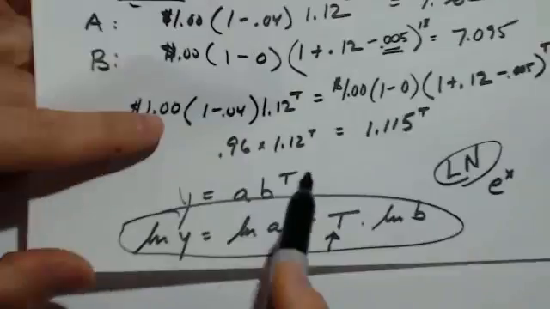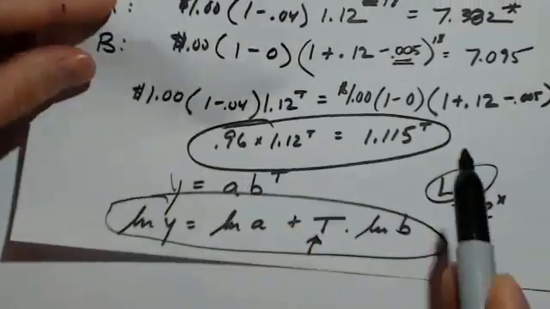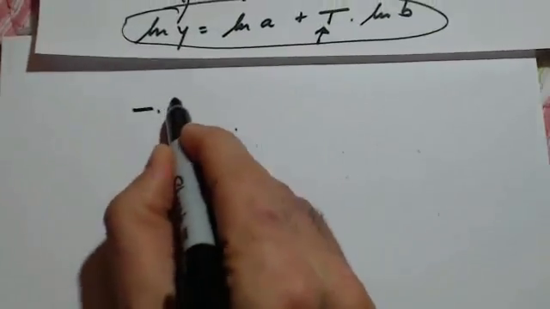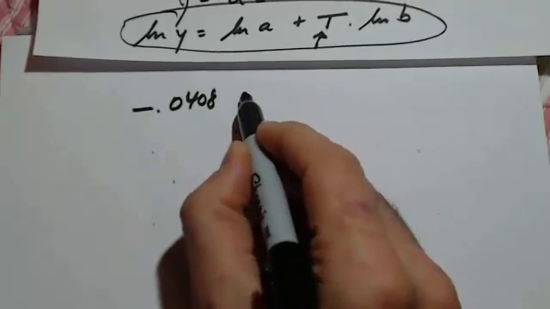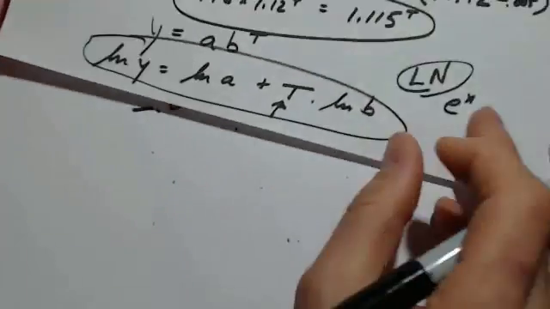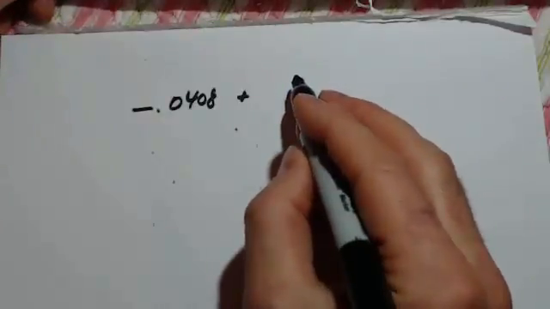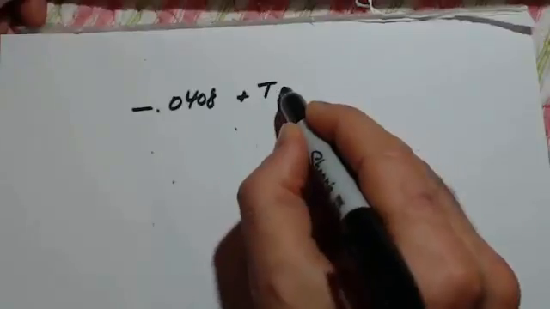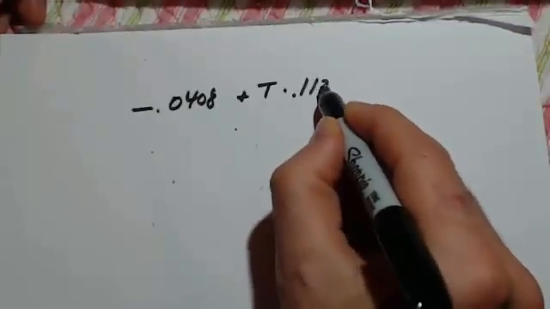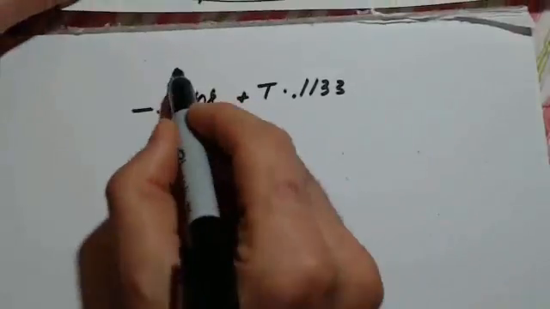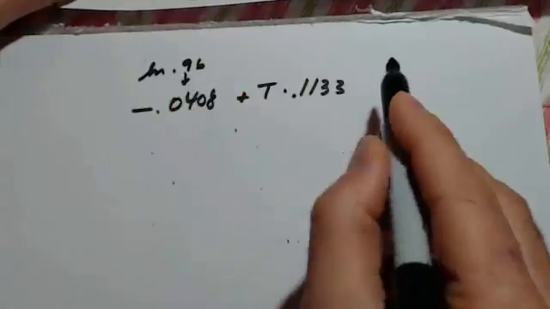So therefore, take the log of both sides of this equation. Take the log of both sides here. So this becomes minus 0.0408 plus T times 0.1133. So in other words, if you take the log of 0.96, it equals this, right?